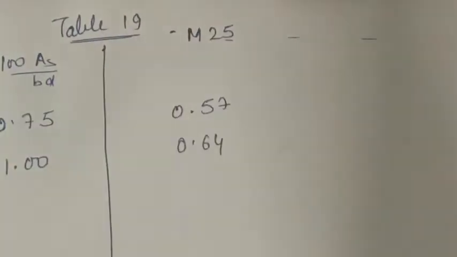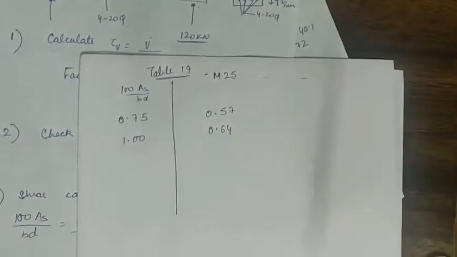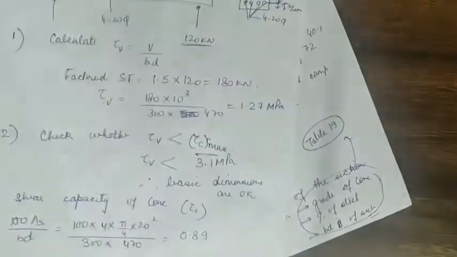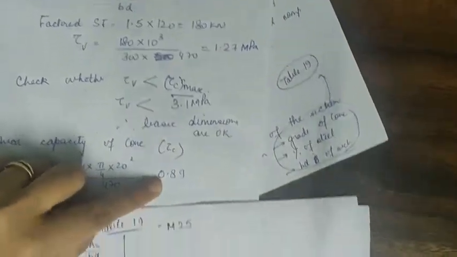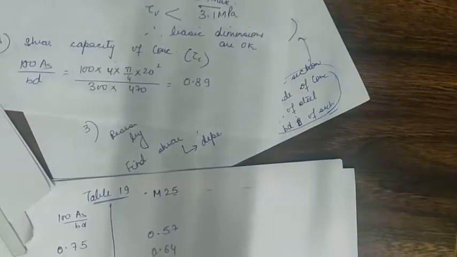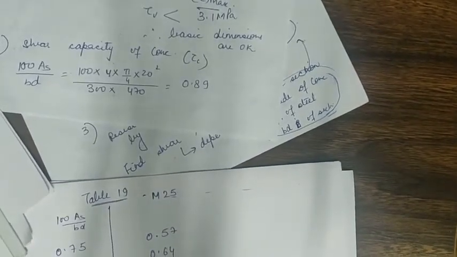Because we want the value of tau C corresponding to 0.89, by linear interpolation I'll be able to get the value of tau C.